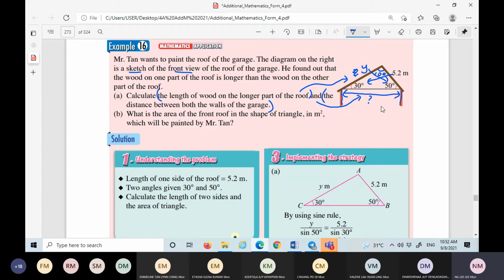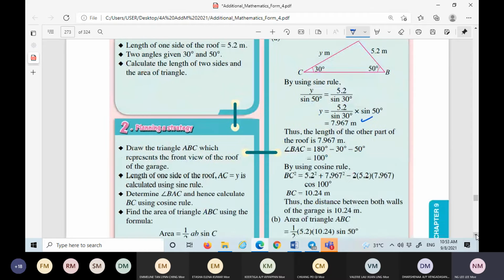They use the cosine rule. You can use the sine rule also, and test whether you get the same answer or not. Let's say this is x, so this is opposite. They are using the cosine rule, then this is the answer they have.